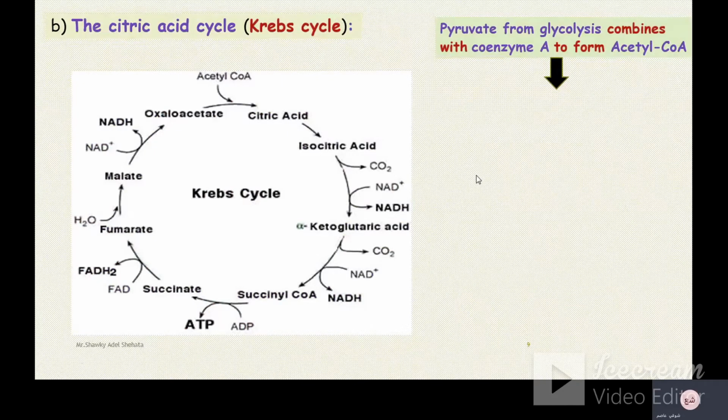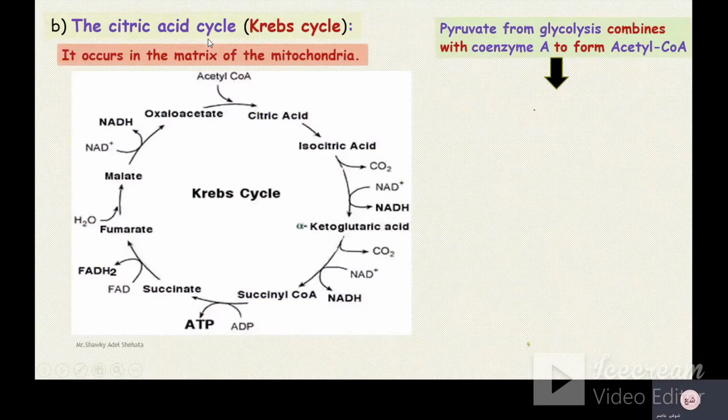The second one is the citric acid cycle or Krebs cycle. Generally in the Krebs cycle, the pyruvate from glycolysis combines with coenzyme A, forming acetyl coenzyme A. The citric acid cycle takes place in the matrix of the mitochondria.